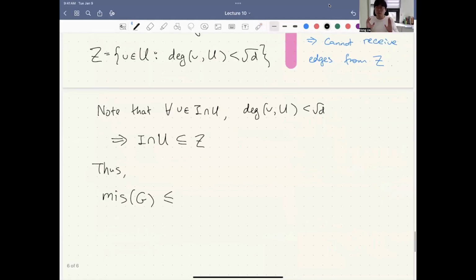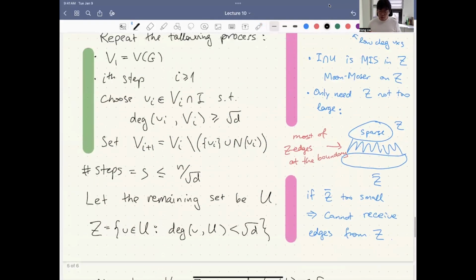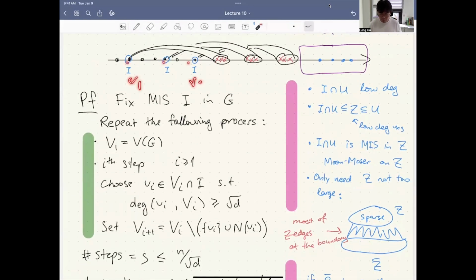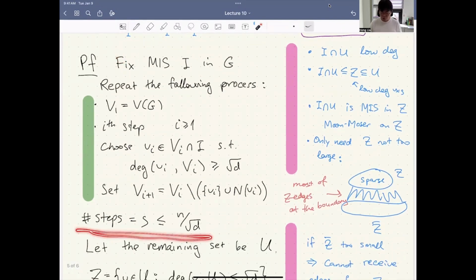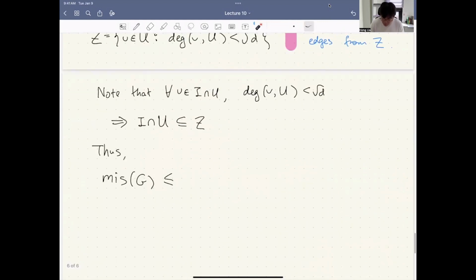How do we count it? First, we need to count the number of choices for this v1 to vs, which is this signature sort of. And remember S, the number of steps, is very small.